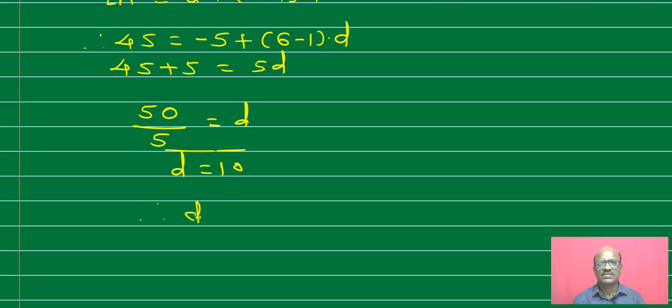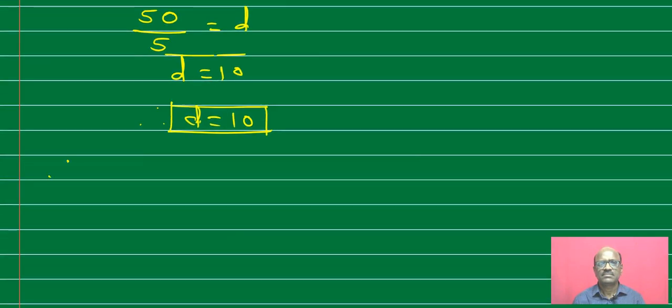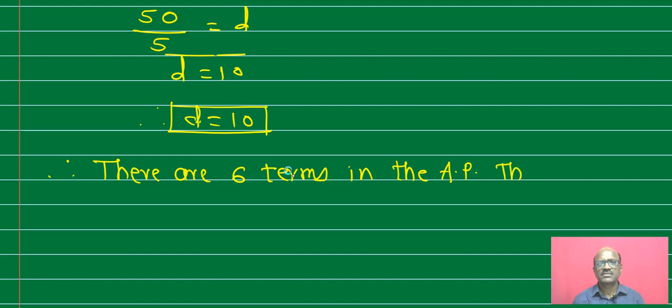And hence, the common difference d is 10. Therefore, there are 6 terms in the AP and the common difference d is 10.